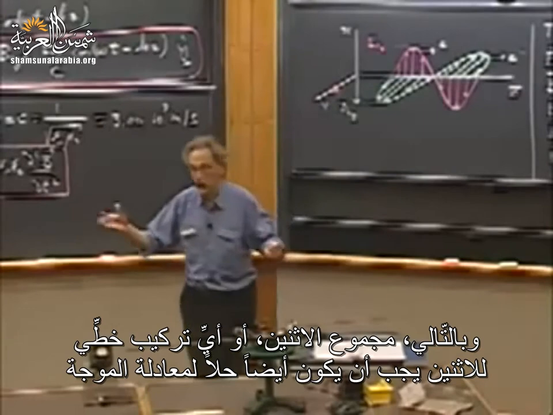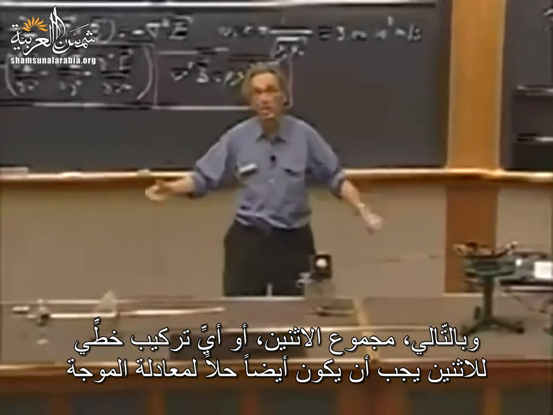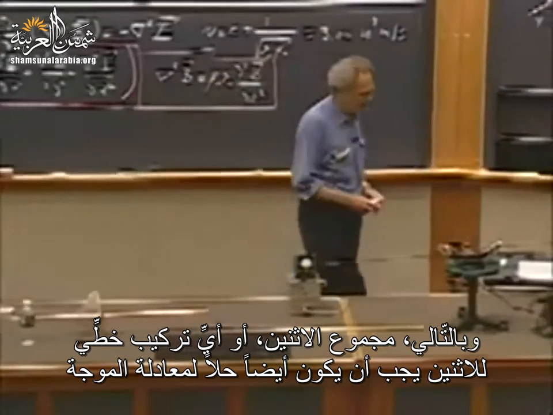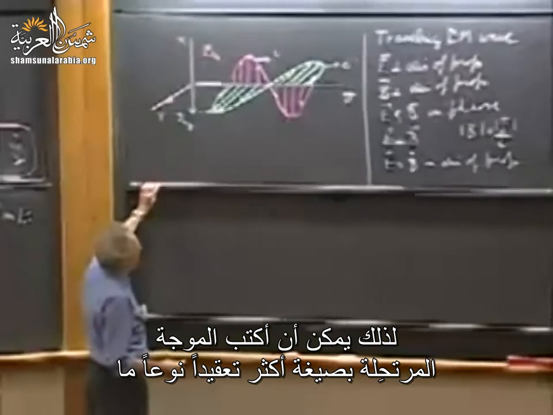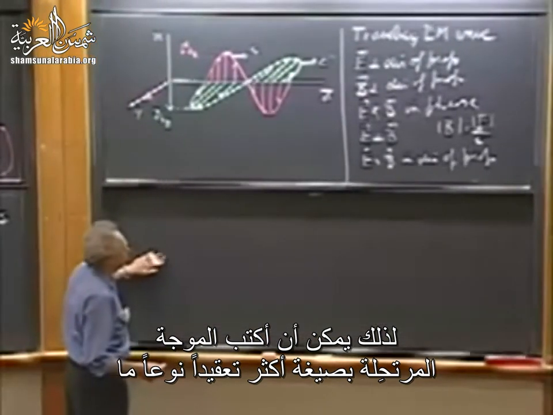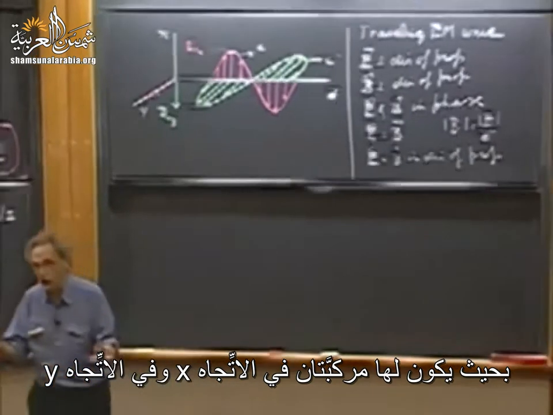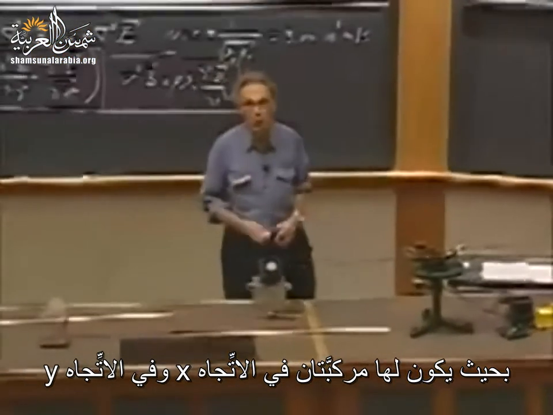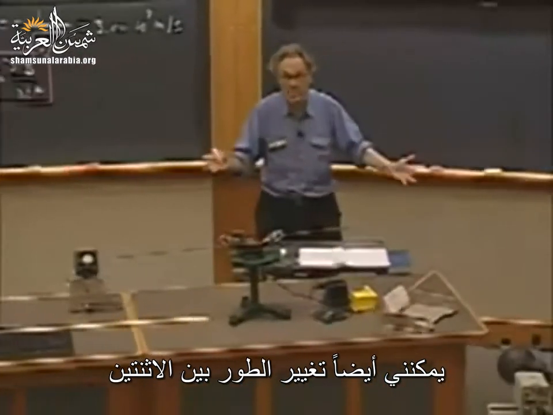And so the sum of the two, or any linear combination of the two, should also be a solution to our wave equation. Therefore, I can now write a somewhat more complicated form for a traveling wave, in which I give it both a component in the x direction as well as a component in the y direction, and I can even change the phase between the two.